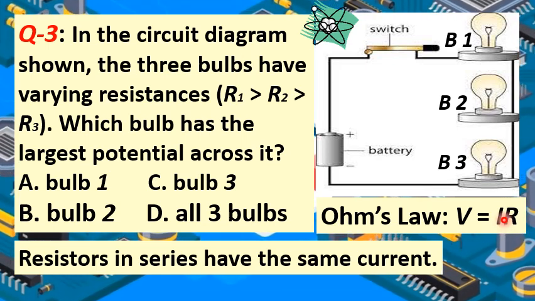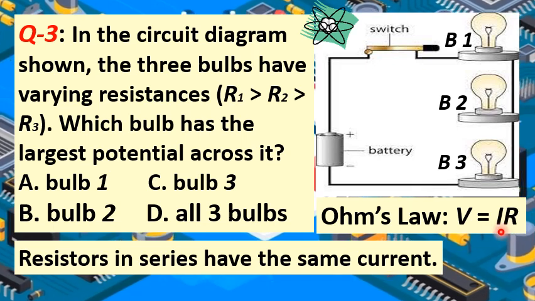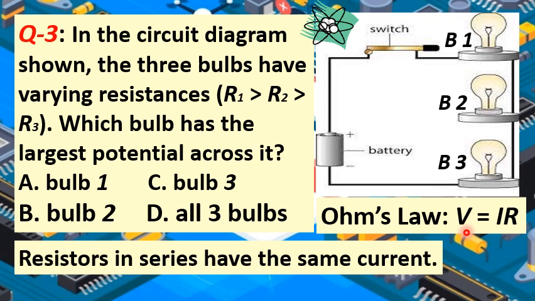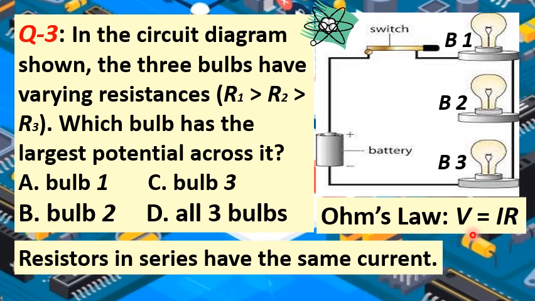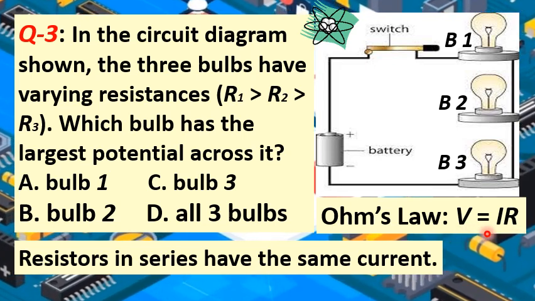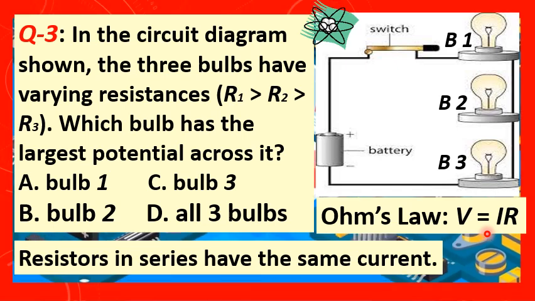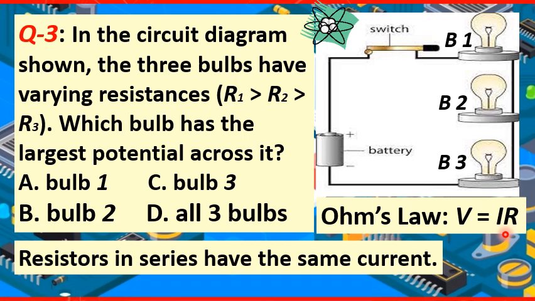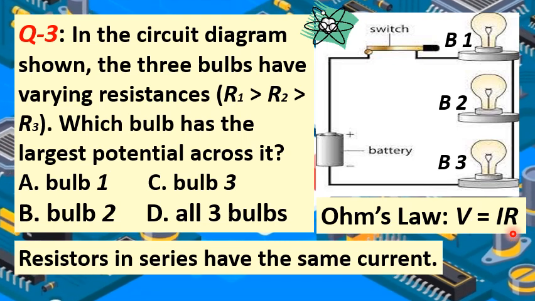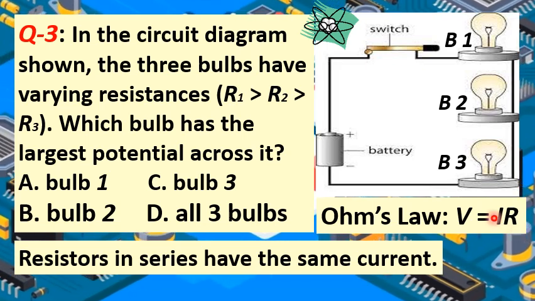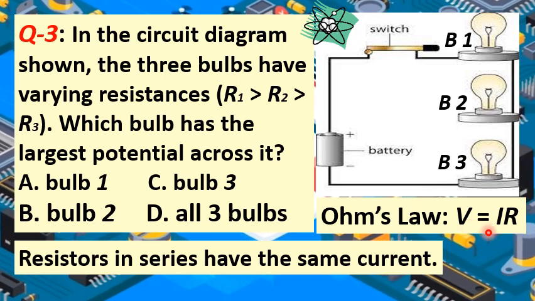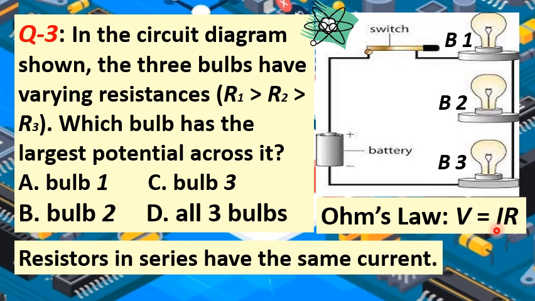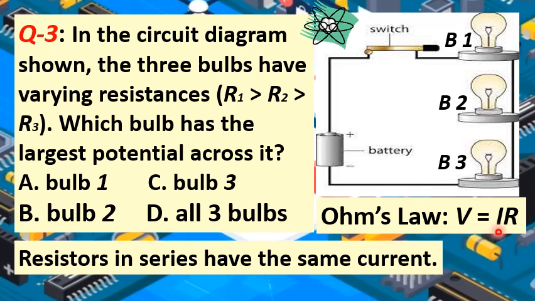So, if the current capital I is constant, it is obvious that the voltage and the resistance are directly proportional, meaning if the resistance is high, then it follows that the voltage across the resistor, or in this case across the bulb, will also be large.